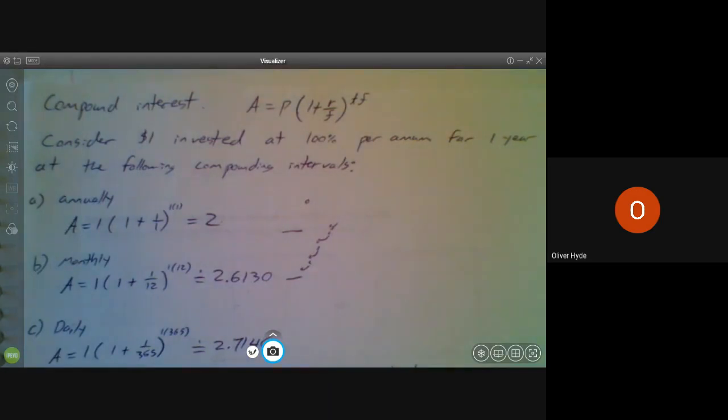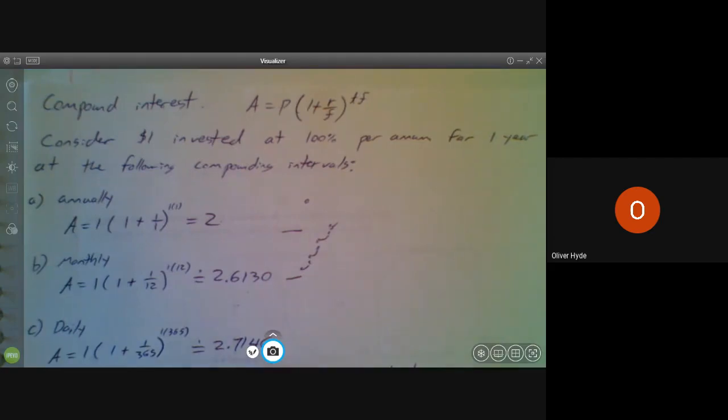If I compound monthly, then I'm only receiving 1/12 of 100% per compounding period, but I compound 12 times, and I punch it into my calculator, and I get this number, 2.6130. So I get about $2.61, or an overall return of about 161%.